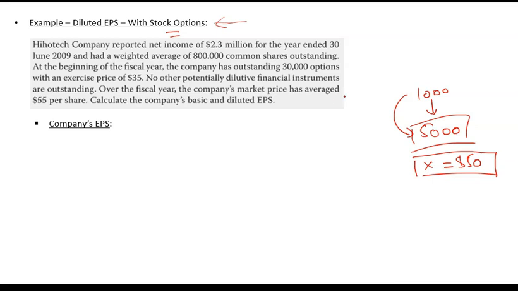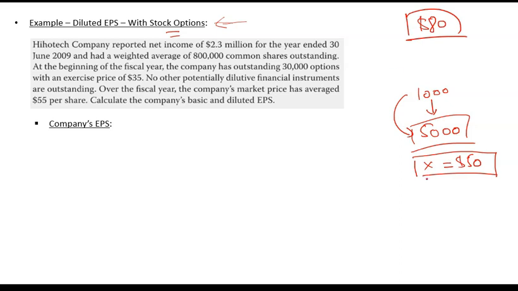So if there are 1,000 options, he can buy 5,000 shares, and those 5,000 shares can be bought for $50 each. Remember, this is not the market price, this is the exercise price. This is the price that has been locked, that has been offered to the employee. Market price can be different. For example, market price is $80.